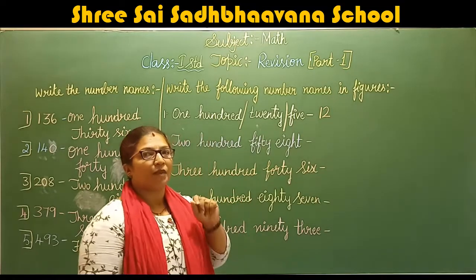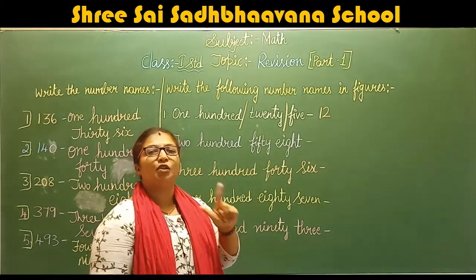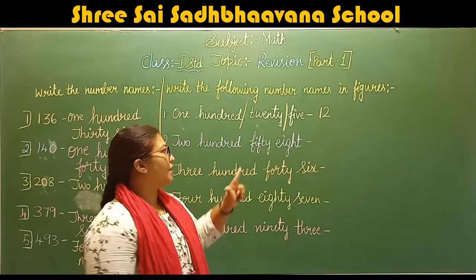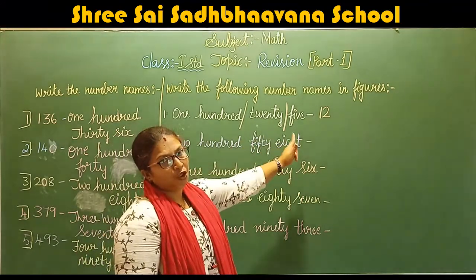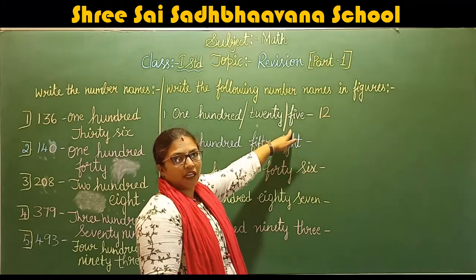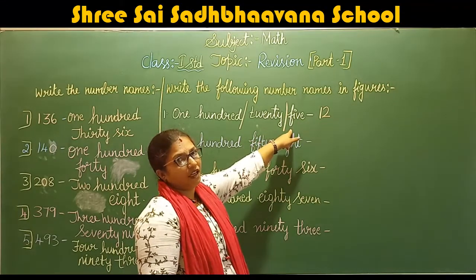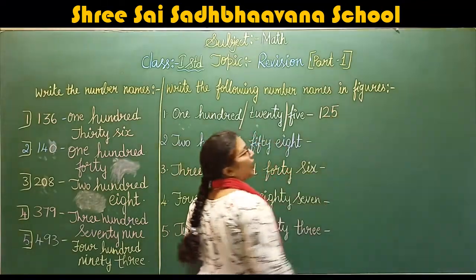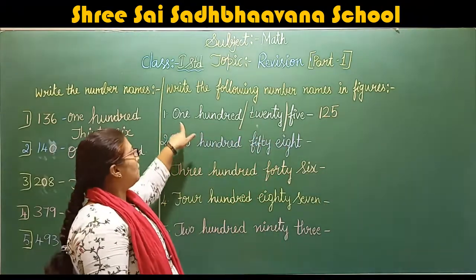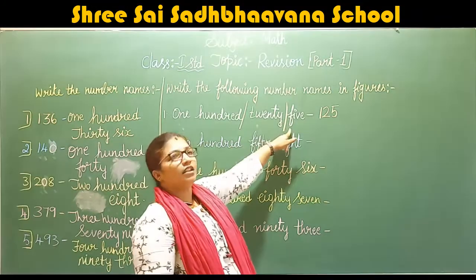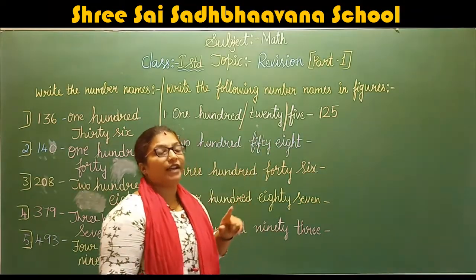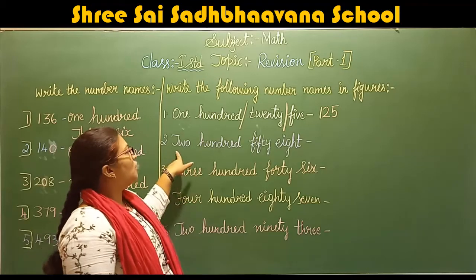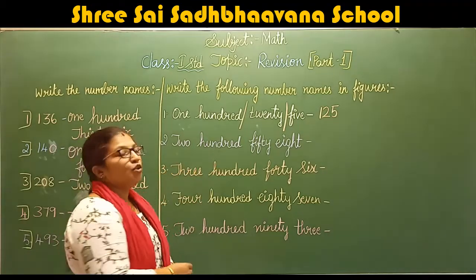Next, what is given? 5, F-I-V-E. So you should write 5. So what is the answer? 125. Right, children?